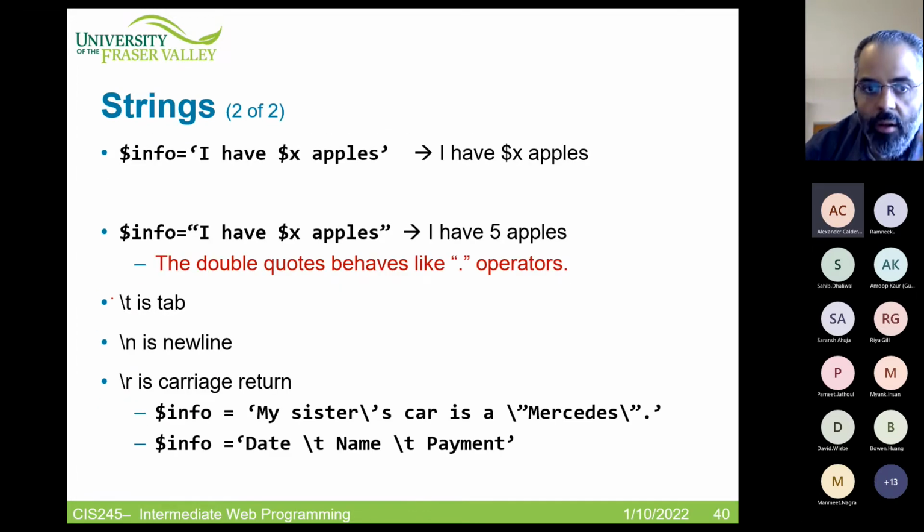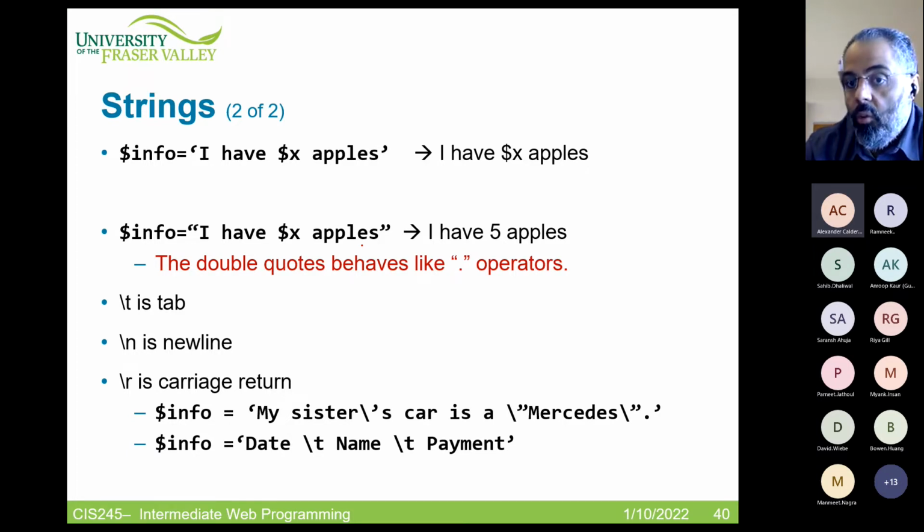Now here you can use double quotes or single quotes. This is somewhat different. By the way, most of the time we will use double quotes. I prefer double quotes, because if you use double quotes and you have variables, it will take the value of the variable and put it in the string. However, with single quotes, it will print it as it is, like here, $x printed as $x.